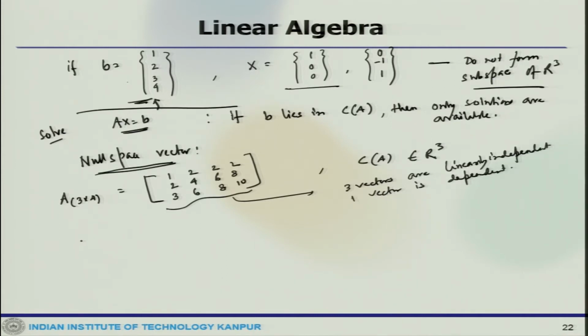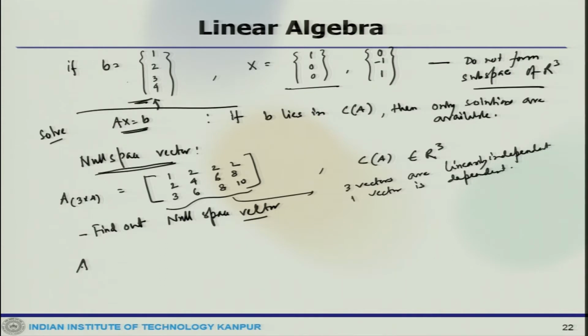Here we want to find the null space vector. Typically, this is obtained through the elimination process again, and the idea is to form the upper triangular matrix.